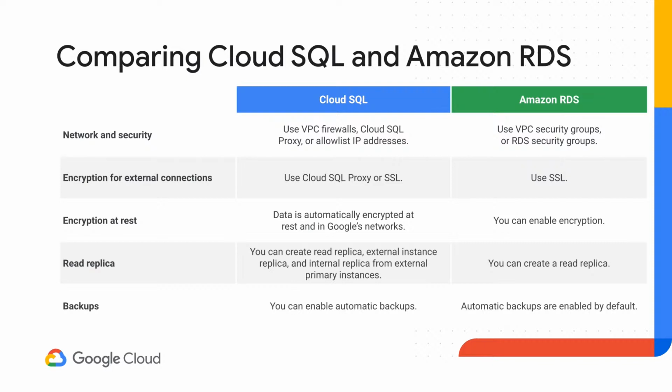You can also create an external instance that replicates from a Cloud SQL primary and create a replica in Cloud SQL from an external primary instance. In Amazon RDS, backups are enabled by default. In Cloud SQL, you can optionally enable automatic backups.